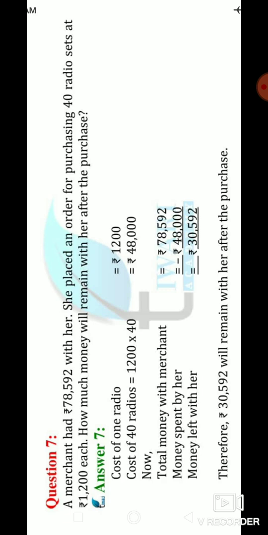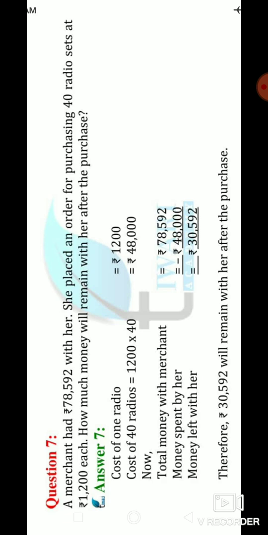So here you have to subtract the money spent by her to purchase 40 radio sets from the total money with the merchant. So subtract rupees 48,000 from rupees 78,592. So subtract 78,592 minus 48,000.